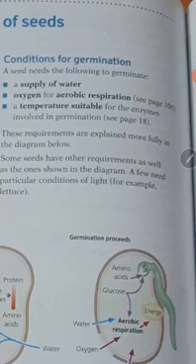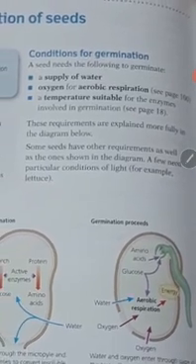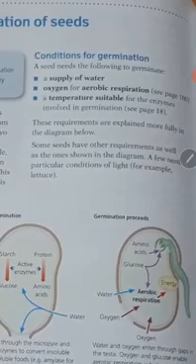The plant gives out oxygen in the presence of sunlight, right? But at night it absorbs oxygen and gives out carbon dioxide. So aerobic respiration is observed in plants during the night. And the temperature is also needed. So these are the things that a seed requires for germination.